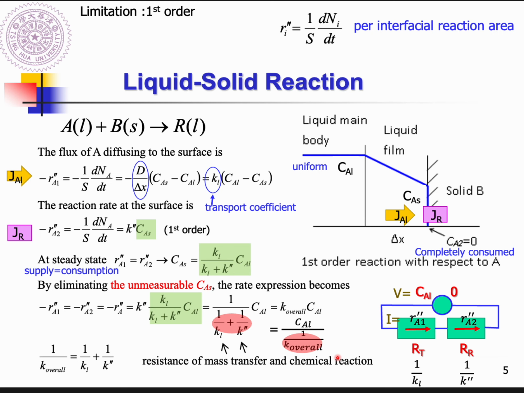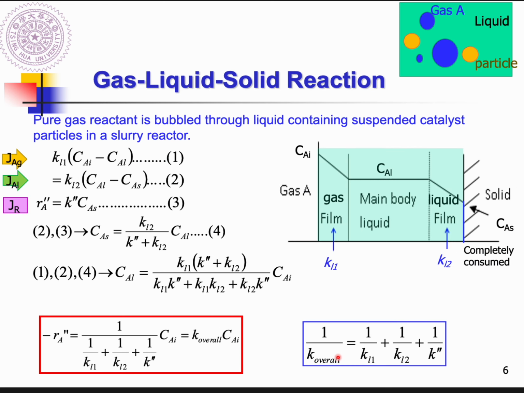Okay, so next, let's move to the other case, which involves three phases: a gas, liquid, solid reaction. So what we have here is a pure gas reactant bubbling through a liquid containing suspended catalyst particles in a slurry reactor.